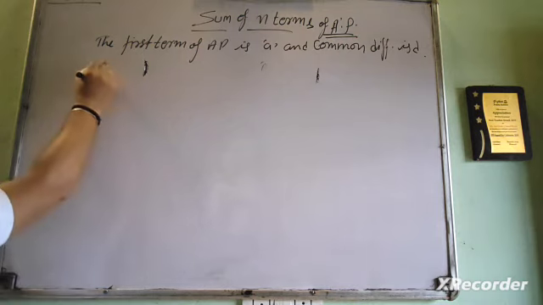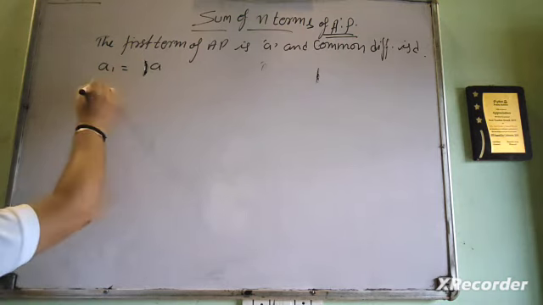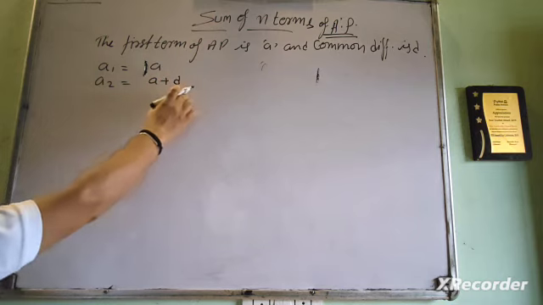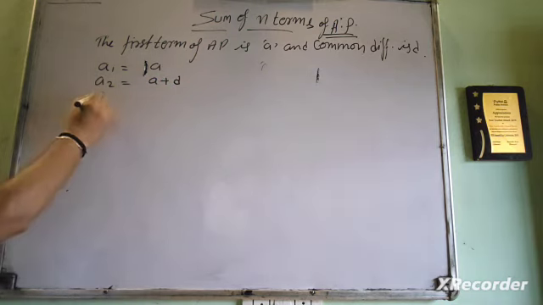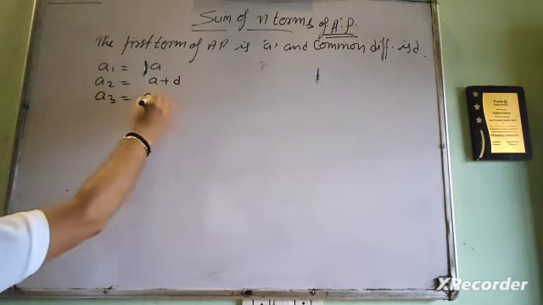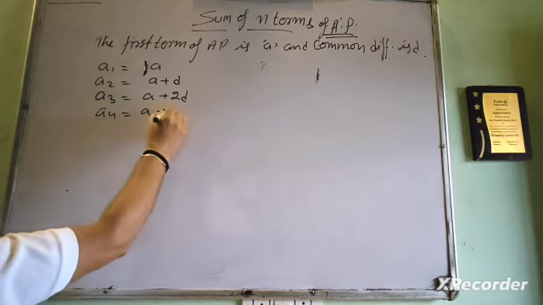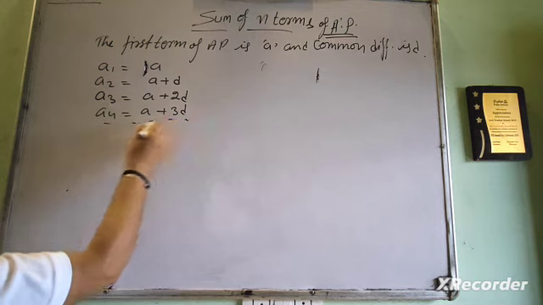Then a1, the first term, is equal to a, a2 is equal to a plus d, a3 is a plus 2d, a4 is a plus 3d, and so on.